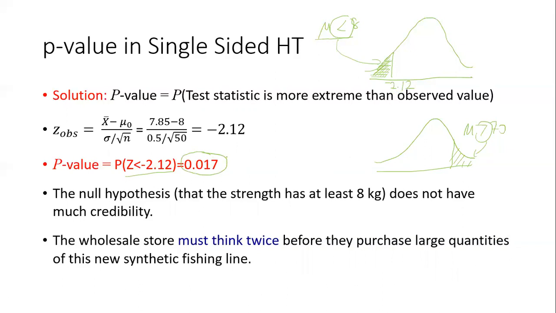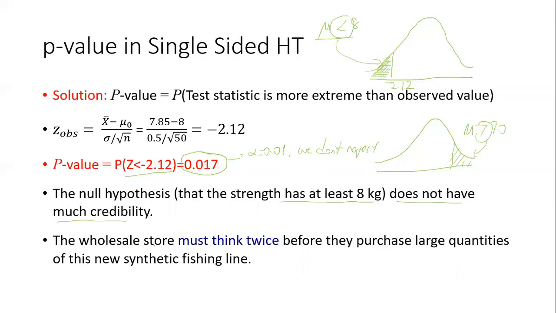So you see, at alpha equal to 0.01 level, we don't reject the hypothesis, but the p-value is too small. So it turns out that the claim that the line has at least 8 kilogram does not have much credibility.